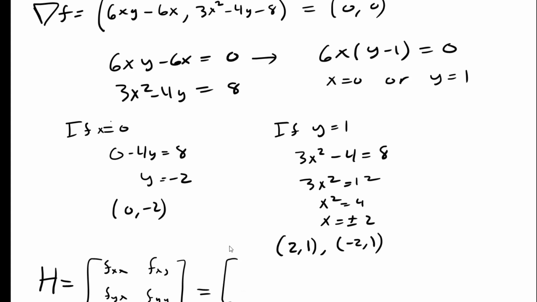Okay, so I'm doing the x derivative of the x component. So this is going to be 6y minus 6. And then I do the x derivative of the y component here. So that's going to be 6x. This is going to be the same. And then the y derivative of the y component here, so that's going to be minus 4.